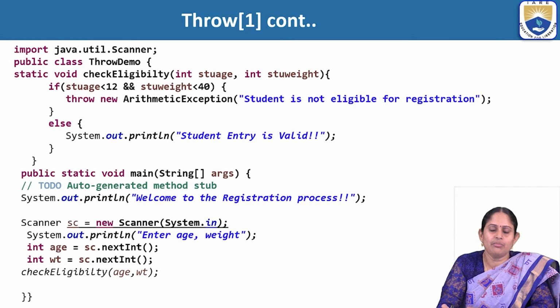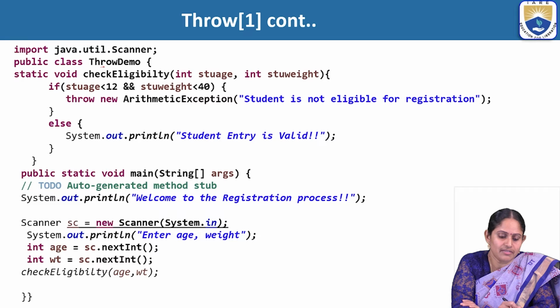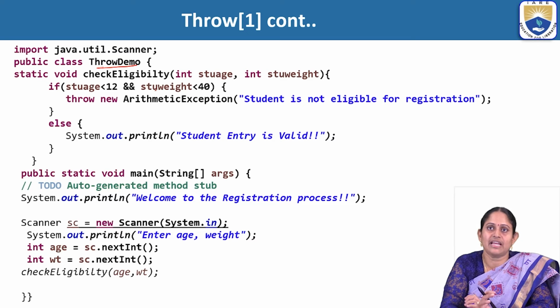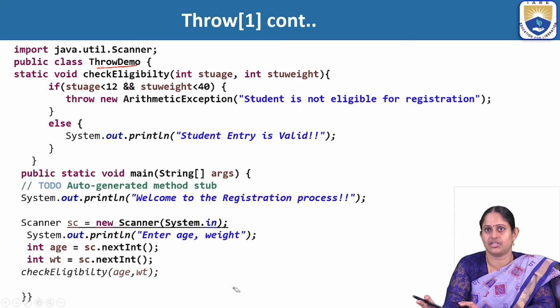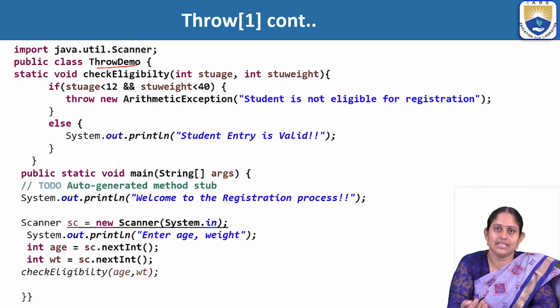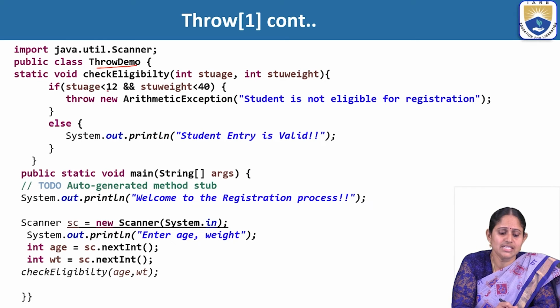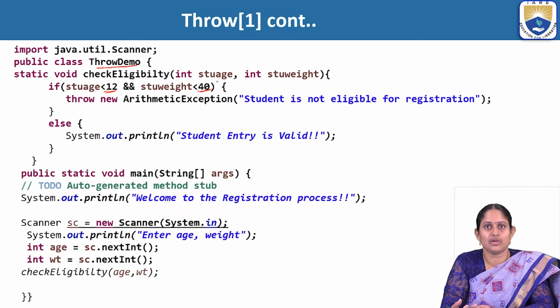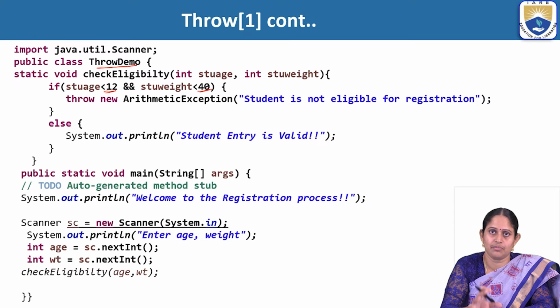Now let's look into one more example wherein we have a class, and we are trying to check the eligibility of some students for registration into some program. For that, the student's age should be greater than 12 and the weight should be greater than 40. Only then is that student eligible for the program.